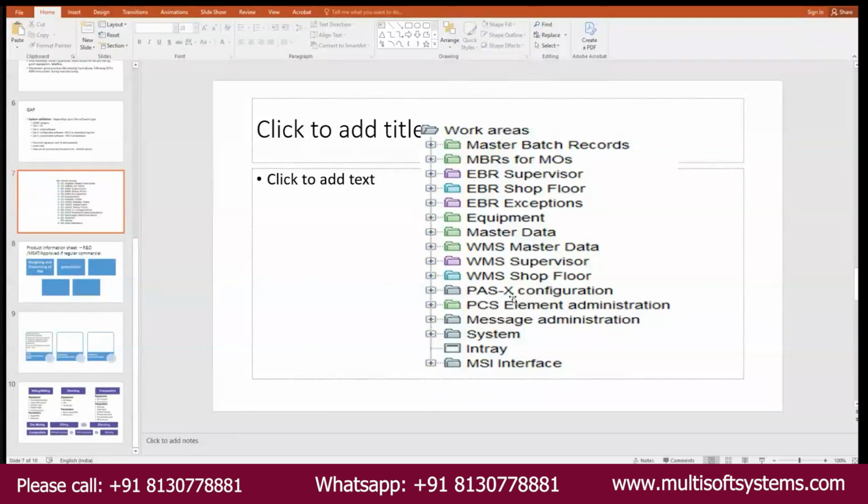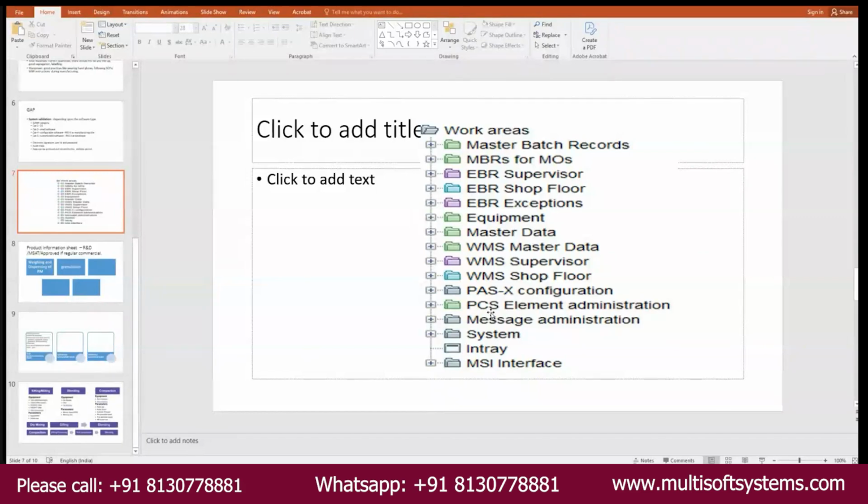PAS-X configuration is a work area where we can configure the software as per our requirement. And PCS MBR element administration is a very important topic. It's a very vast topic. It's nothing but an integration, where we can use the process control system.